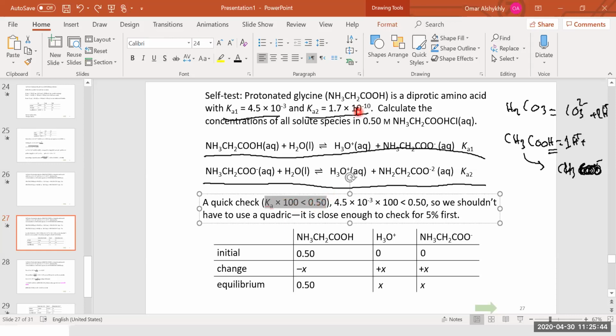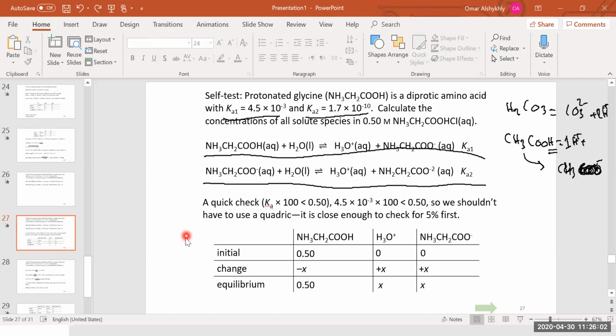Sorry, this is the Ka. So it's less than 0.5, so we shouldn't have to use the quadratic equation. It's close enough to check the 5% and use the quick way. Okay, now we have the 0.5 molar here.